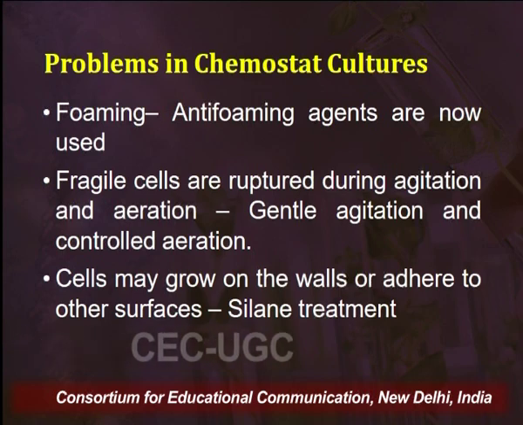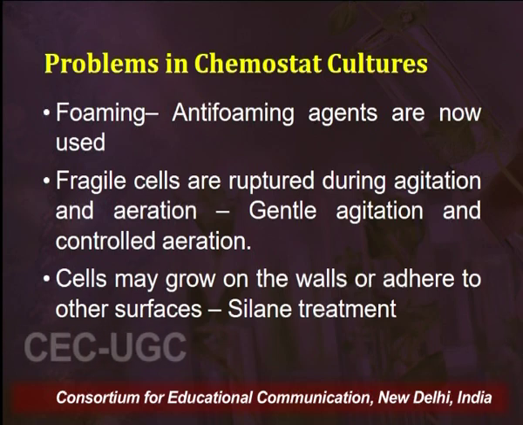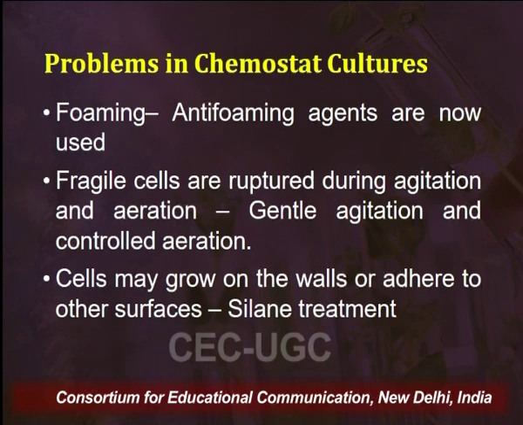So in order to overcome such a problem, the rate of agitation or stirring is always optimized before starting the culture, so gentle agitation can be done. Further, if the rate of aeration or sparging the air into the culture vessel is very high, the pressure of the gas can also damage the cells. Therefore, we can always control the rate of aeration as well.